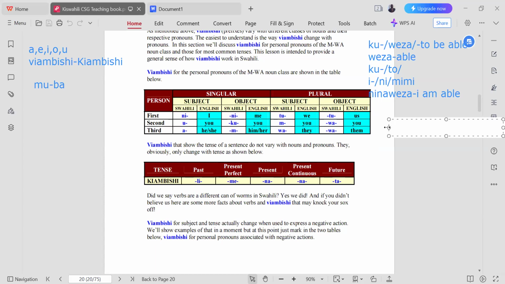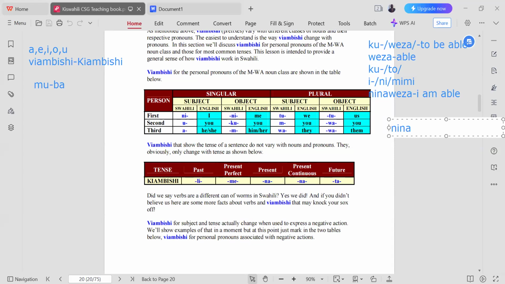Now, if it is about you in the first person, because we have the subject in singular format. The subject, for example, you are the subject, because we are looking at the noun classification, M-wa, which is the persons or the people or living things. So that's why you say ninaweza.